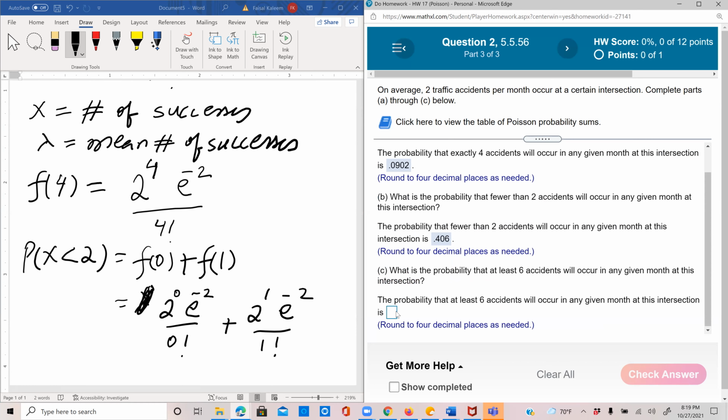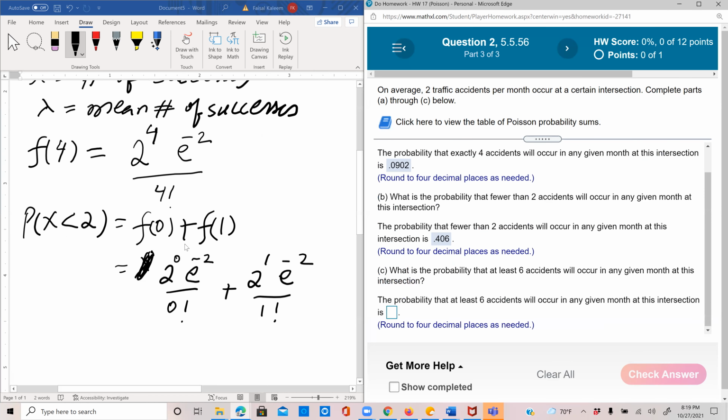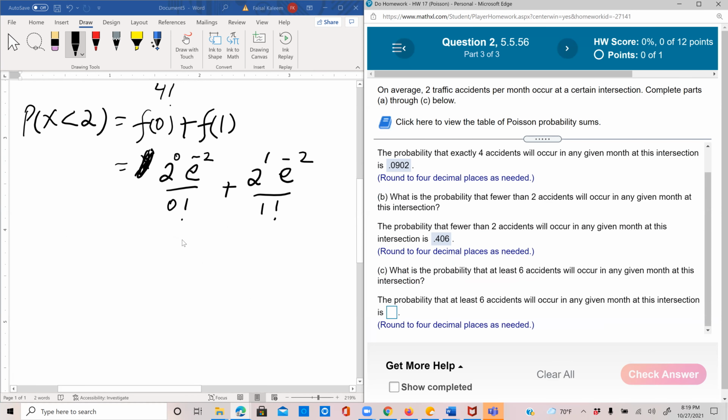What's the probability of at least 6 accidents? All right. So for part C, probability at least 6 means greater than or equal to 6. Since greater than or equal to 6 would mean 6 or 7 or 8, and it can keep going forever because there is no upper limit in Poisson, the only feasible way of doing it is through the complement.